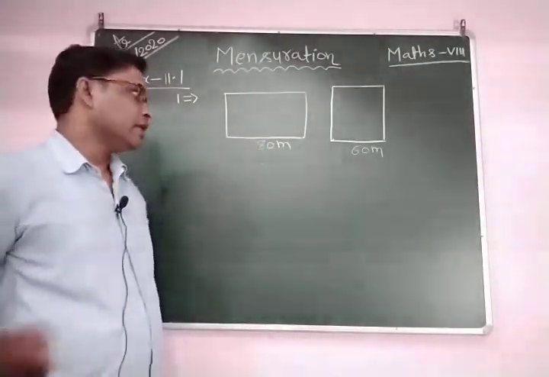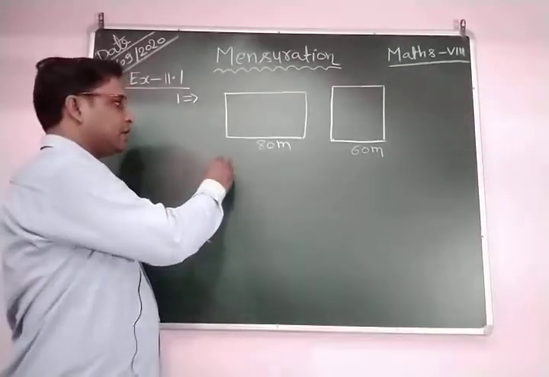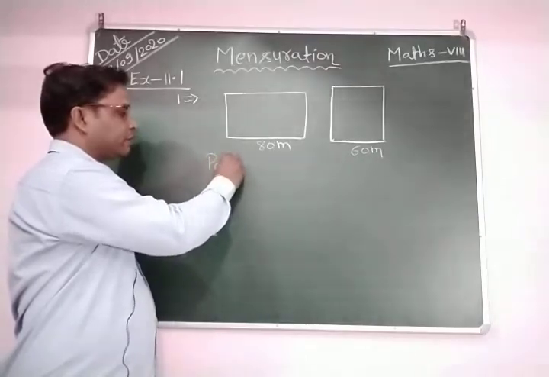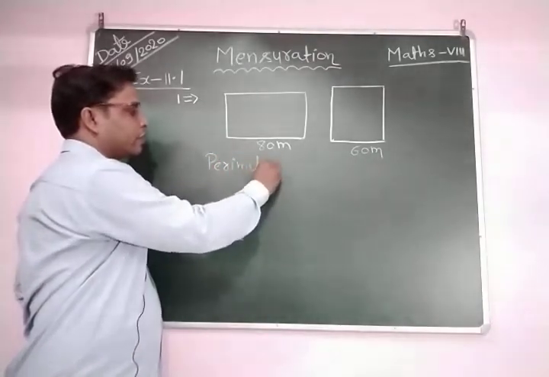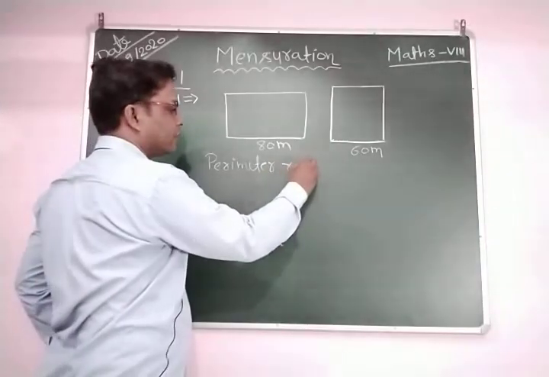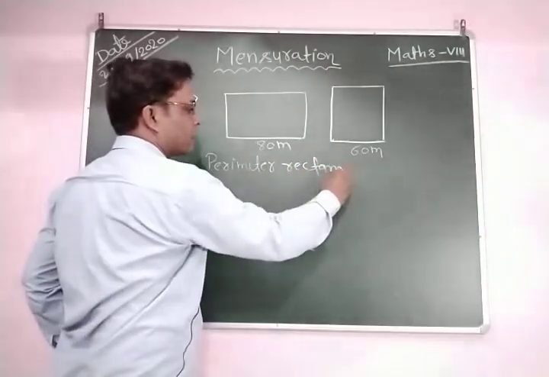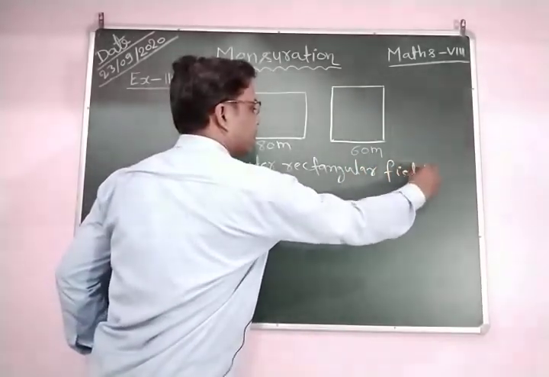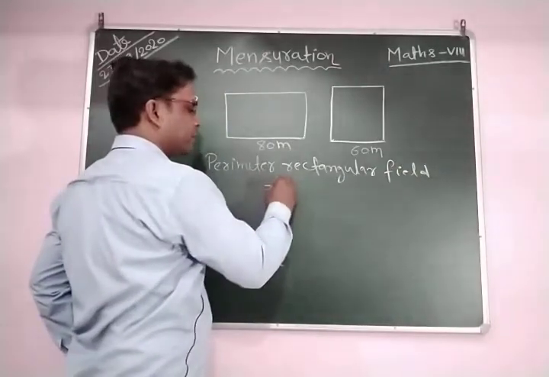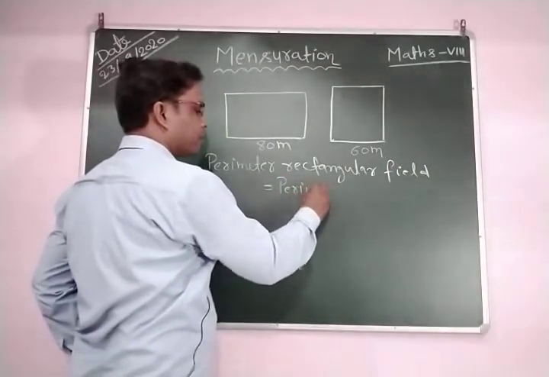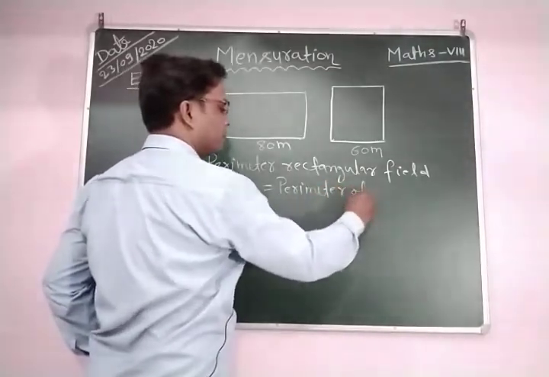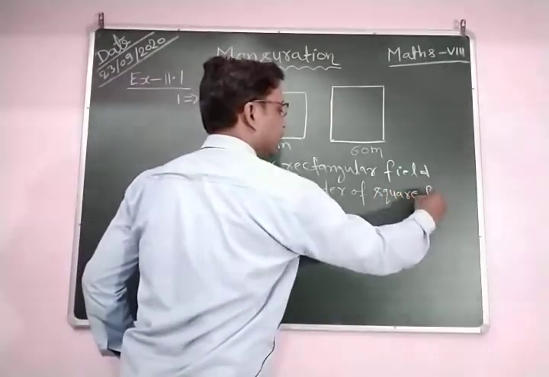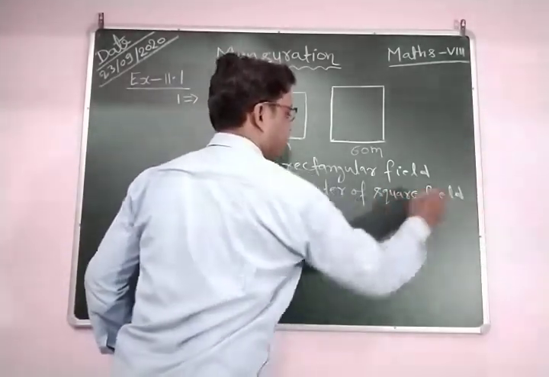First, it is given that the perimeter of the rectangular field is equal to the perimeter of the square field. This is clear now.